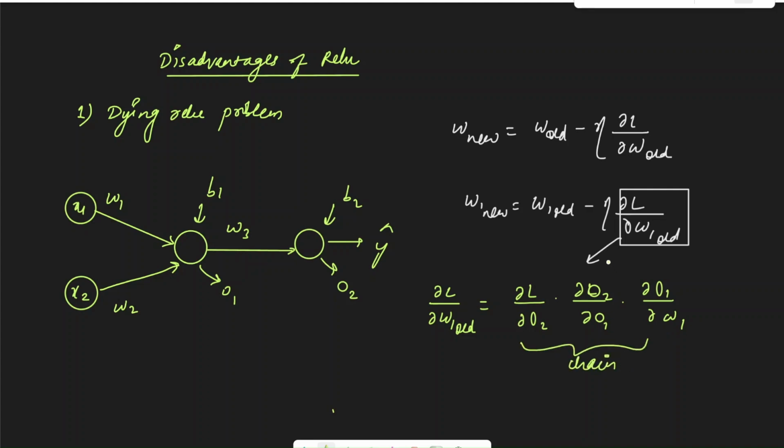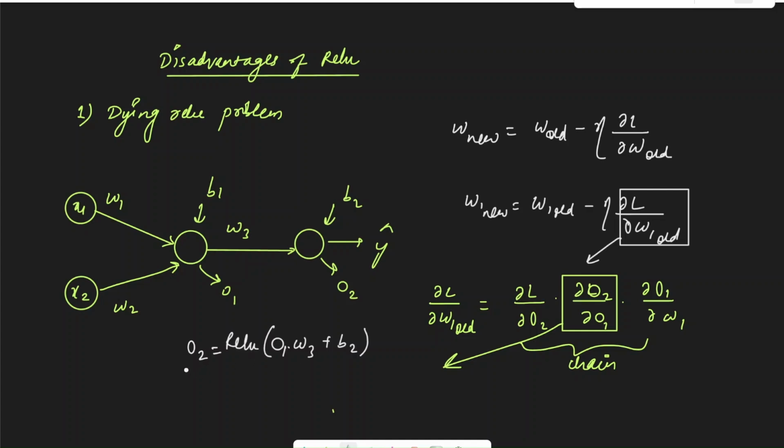So this is how the chain rule will work for backpropagation. Now again, I'm just looking at this particular term, and for this particular term, we have O2. So O2 is the output of this neuron, and the input to this neuron is O1 with weight W3 and a bias B2. So suppose we have the ReLU activation function over here. So we will have O1 multiplied by W3 plus B2, and then we will pass this to the ReLU activation function.